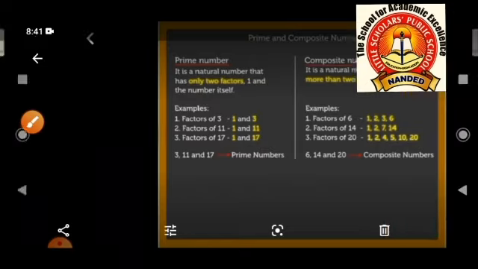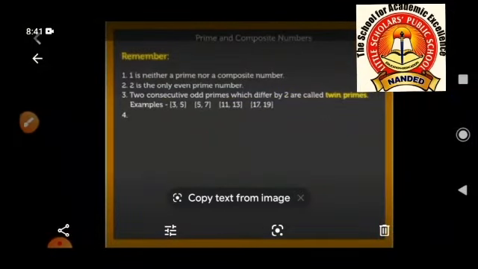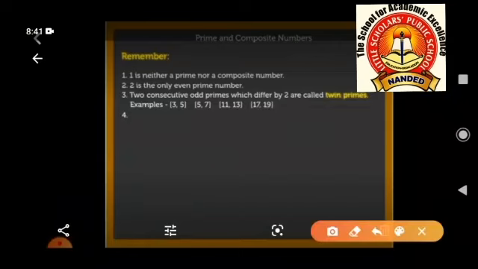Let us see the remembering points. There are only 2 definitions, and now we are going to see the remembering points. 1. The number 1 is neither prime nor composite.